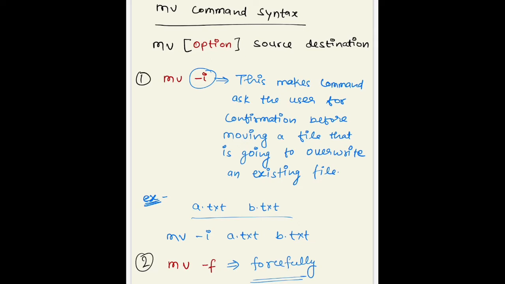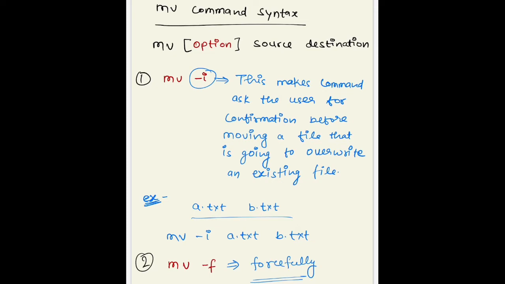Okay, so we can understand this with an example. Suppose I have a file a.txt and a file b.txt, and I want to rename a.txt to b.txt.